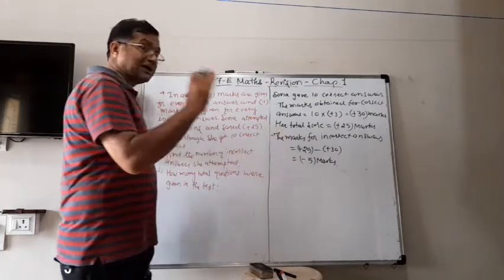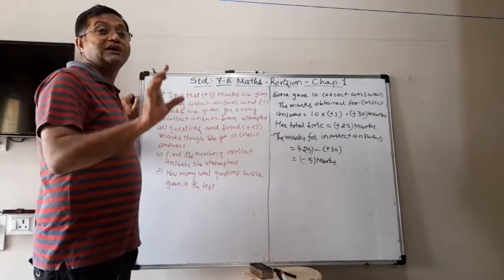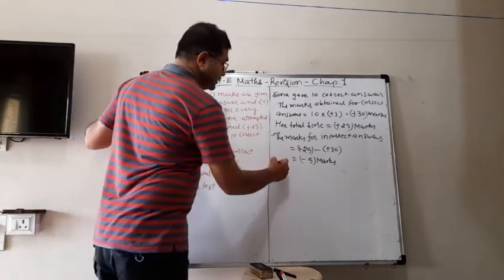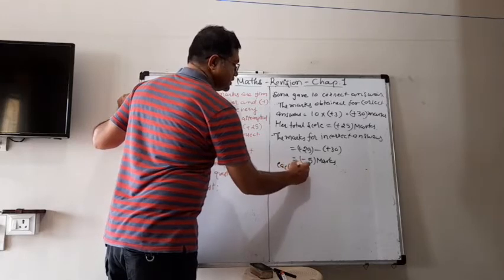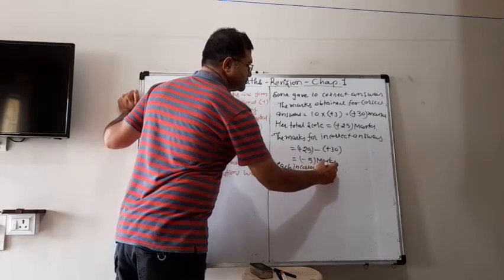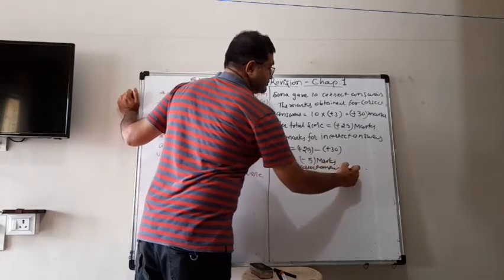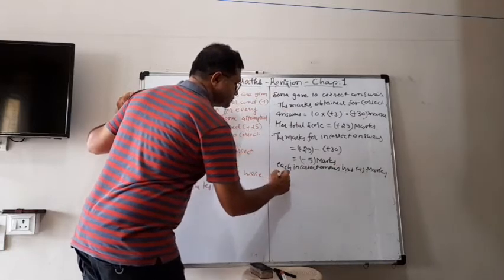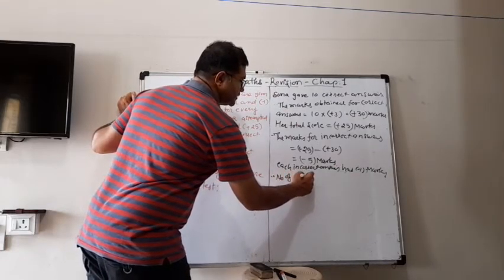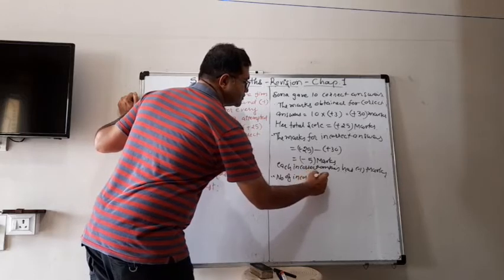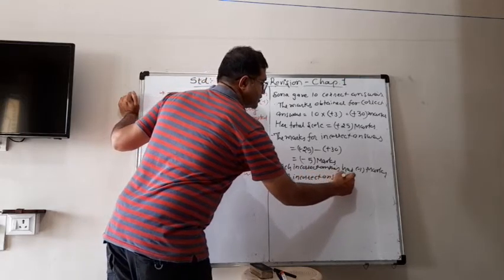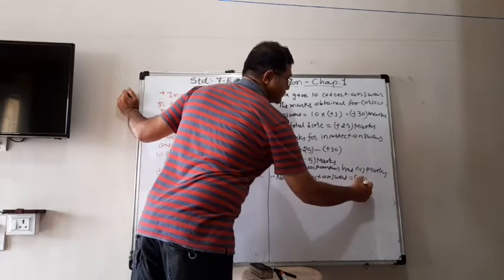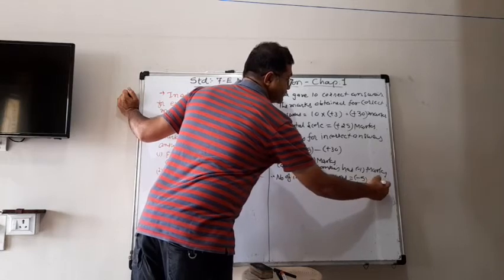So she got total minus 5 marks for incorrect answers, and for each incorrect answer minus 1 mark is given. Each incorrect answer has minus 1 marks. Therefore, number of incorrect answers is equal to minus 5 divided by minus 1, and that is 5.